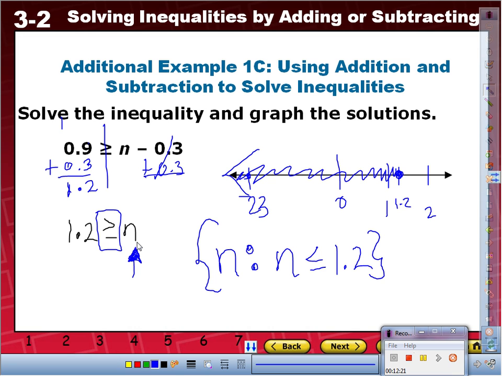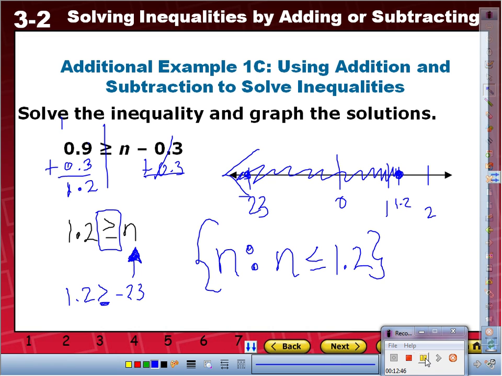What was the number that we chose? Negative 23. If I substitute that in there, is 1.2 greater than negative 23? Yes. But what number is equal to 1.2? 1.2, that's why it's a solid point. Yeah, that's fine.